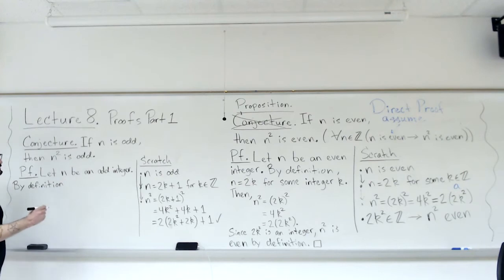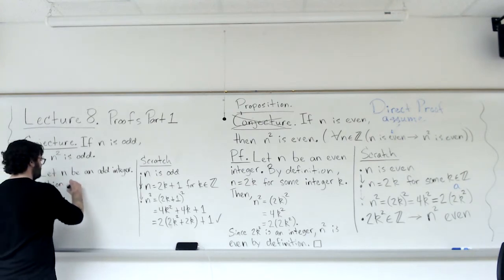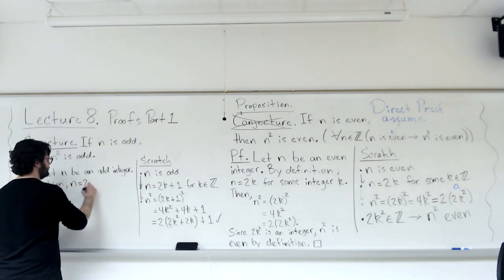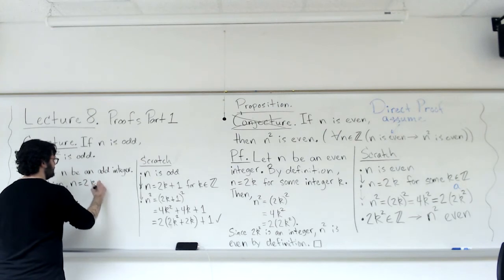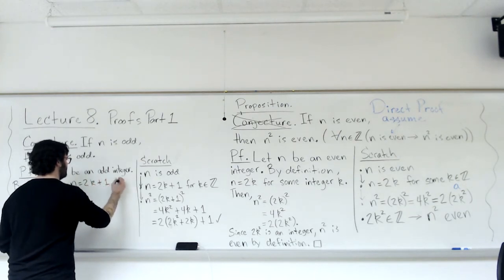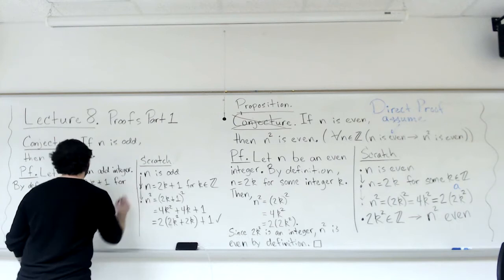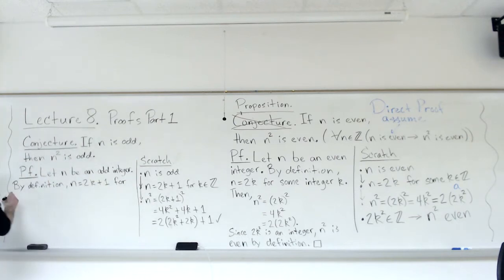So by definition, n is equal to 2 times k plus 1 for some integer k.